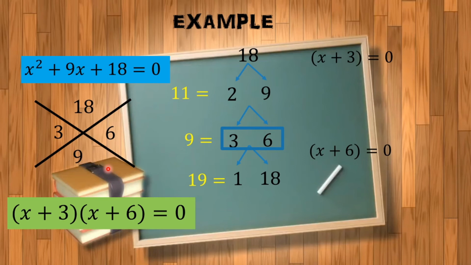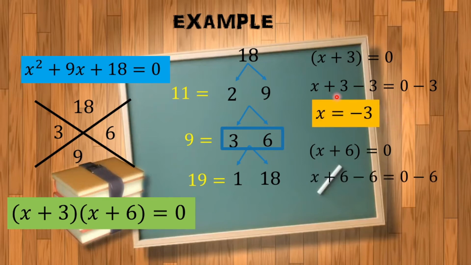Then to find the roots, we need to apply the zero product property and also the addition property of equality to eliminate the number on the left side and transfer it to the right side. To do that, we need to get the opposite sign of the number on the left side, and that is negative 3, and add also to the right side negative 3. So now we have equals to 0.